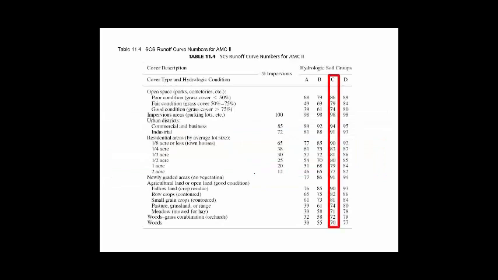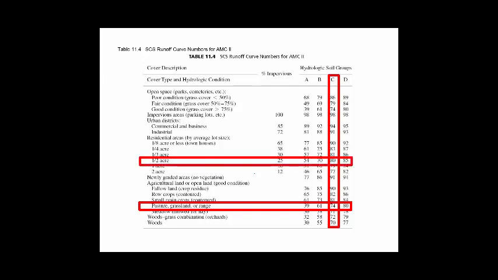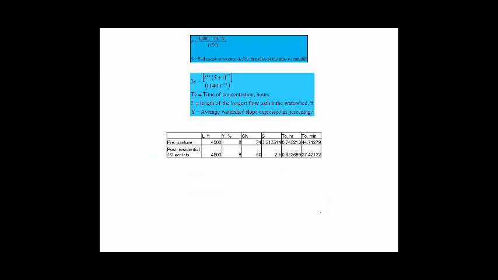So in this example, I'm going to look for the C soil groups, and we had the pre-construction as pasture grassland, and the post was the half-acre lots. We'll also look at how it changes with soil group D. But what we have here is that the curve number for pre is 74 and post is 80. So when I look at these equations with 74, let me just write it down real quick.